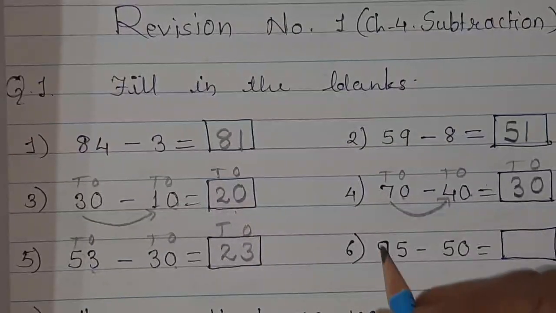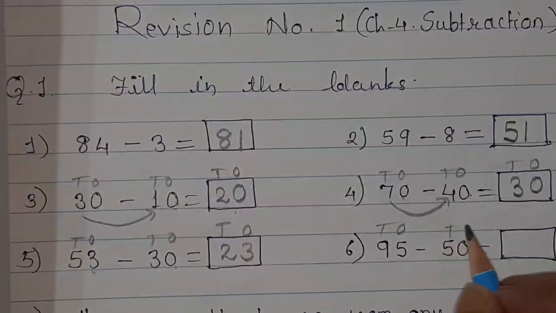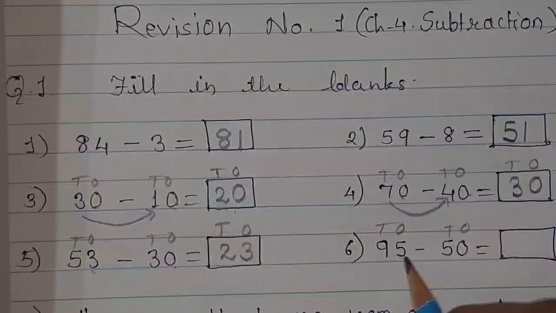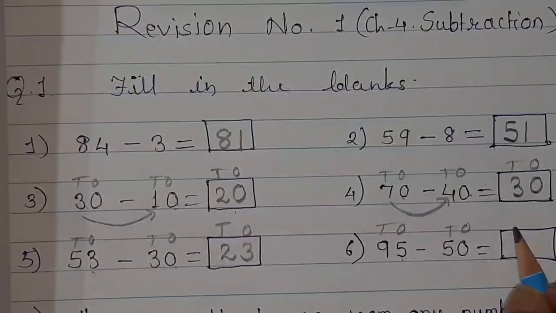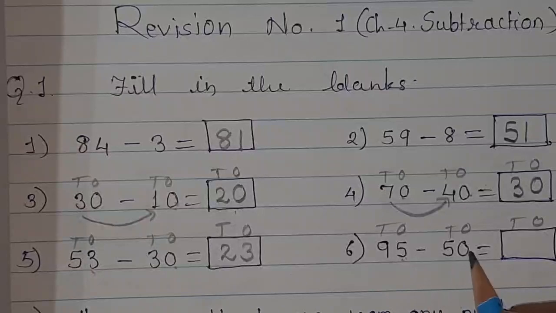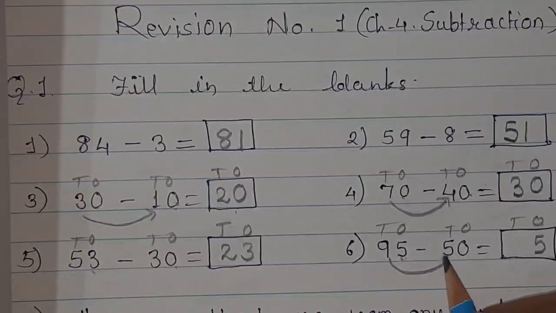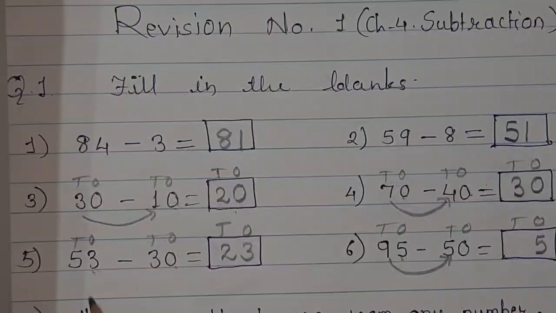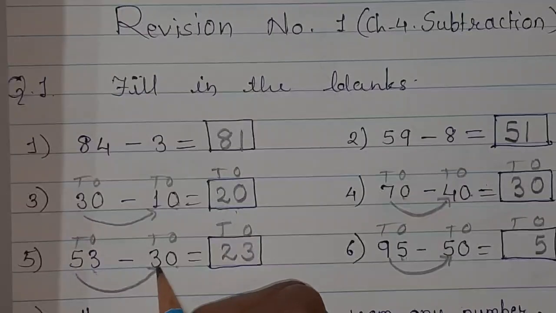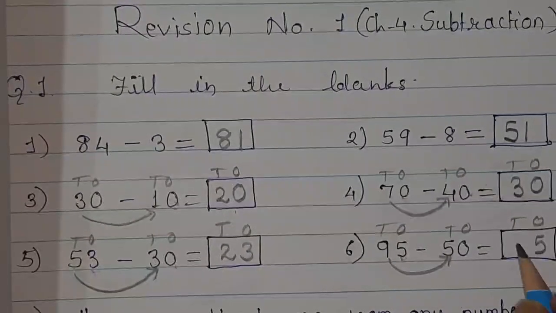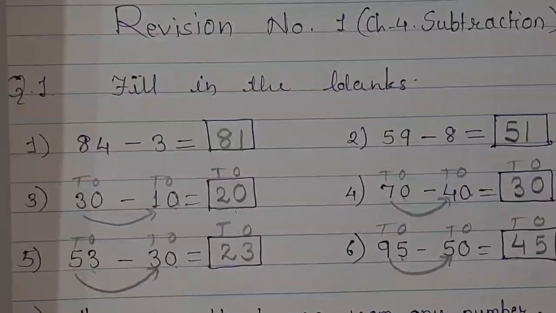Now next one, 95 minus 50. Tens, ones column see 5 and 0. So in the answer also ones column there will come 5. Now 9 minus 5 you have to do. 9 fingers open, cut 5, you will get 4. So total answer is 45.